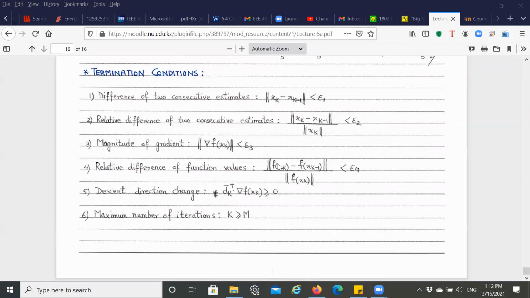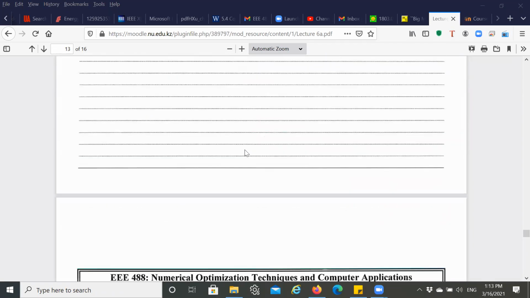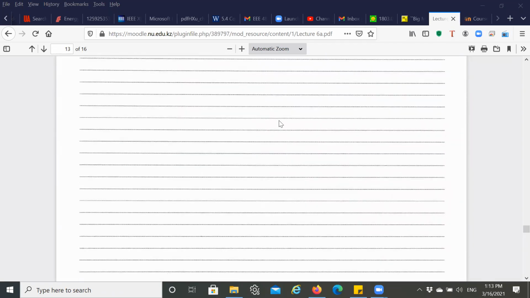If you find the functional values at each of the endpoints, you can take the difference and see whether their relative difference is less than or equal to some epsilon value, a very small value. If the increase in the optimal function is very small, you can assume that that's the point. Okay, and that's it. So these are just some tips in case you need to implement.